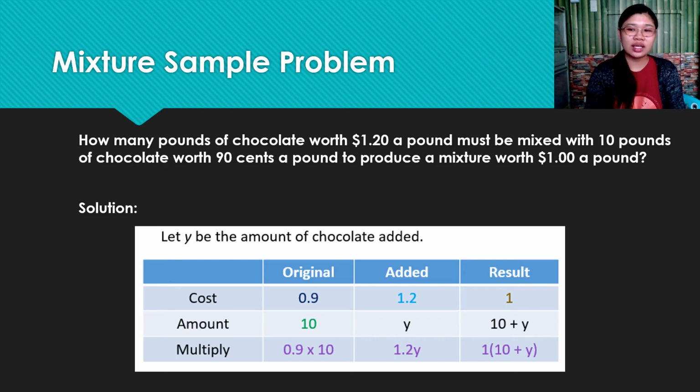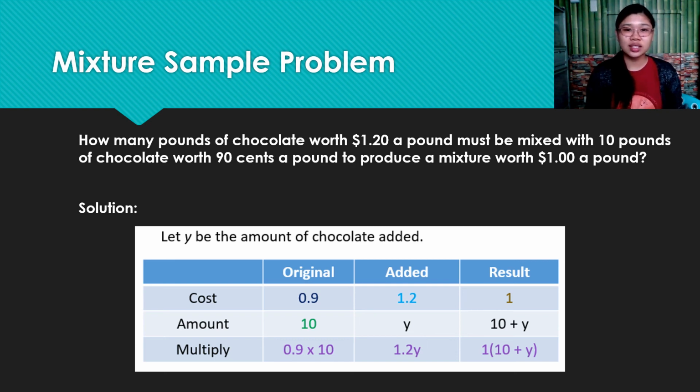So that is what we represent as Y. And then the result, of course, in the cost that is in the given, is $1 a pound. And for the amount, the original has 10 pounds and then we will be adding Y amount of chocolate, which initially we don't know. So our resulting amount of chocolate in pounds is 10 plus Y.